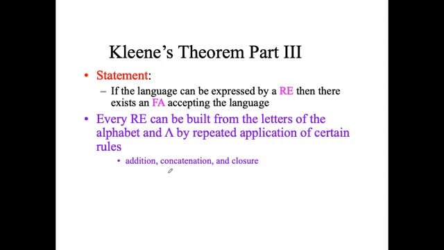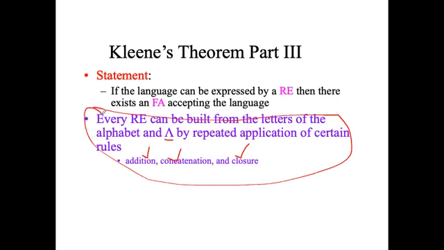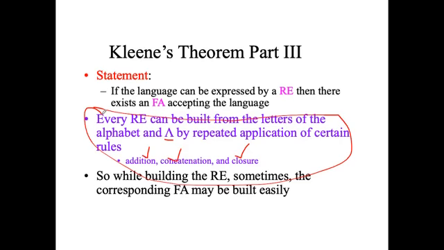Every regular expression can be built from the letters of the alphabet and lambda by repeated application of certain rules: addition, concatenation, and closure. This is the property of regular expressions that we have studied before. While building the regular expression, sometimes the corresponding FA may be built easily.